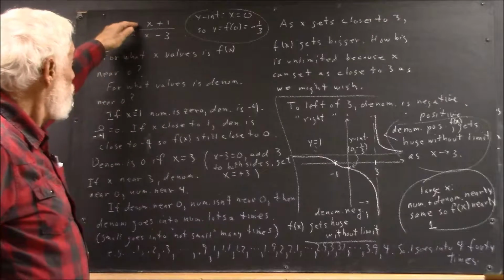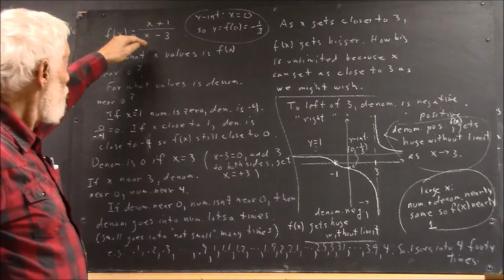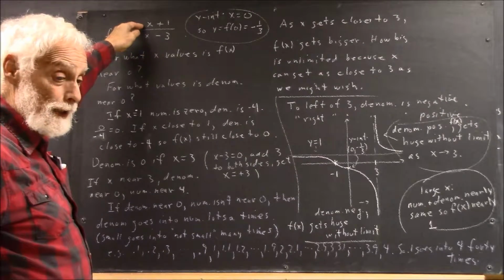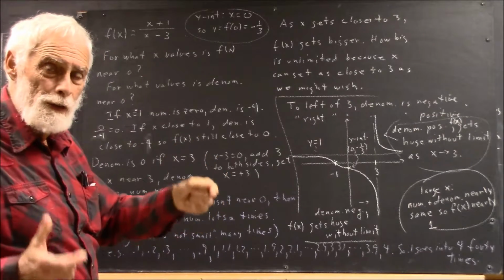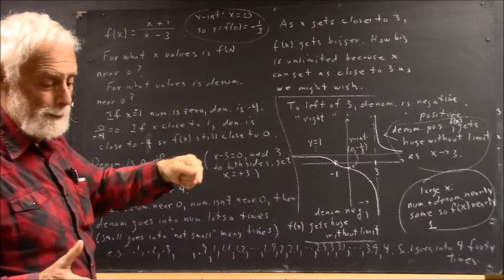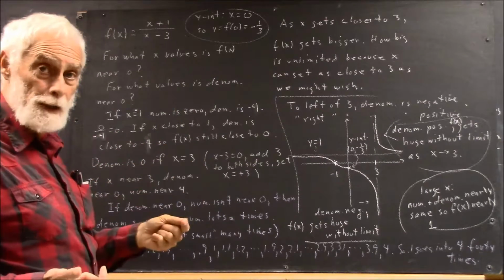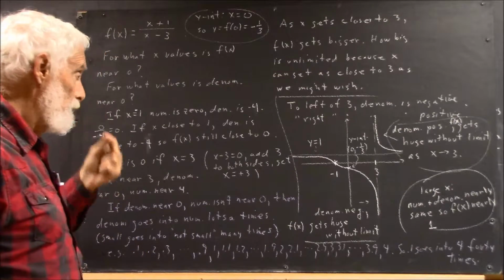And it doesn't matter if x was a large negative number. If x is negative 100, then you have negative 97 divided into negative 103. The numbers are about the same, so you still get about 1. Well, this is plausible.